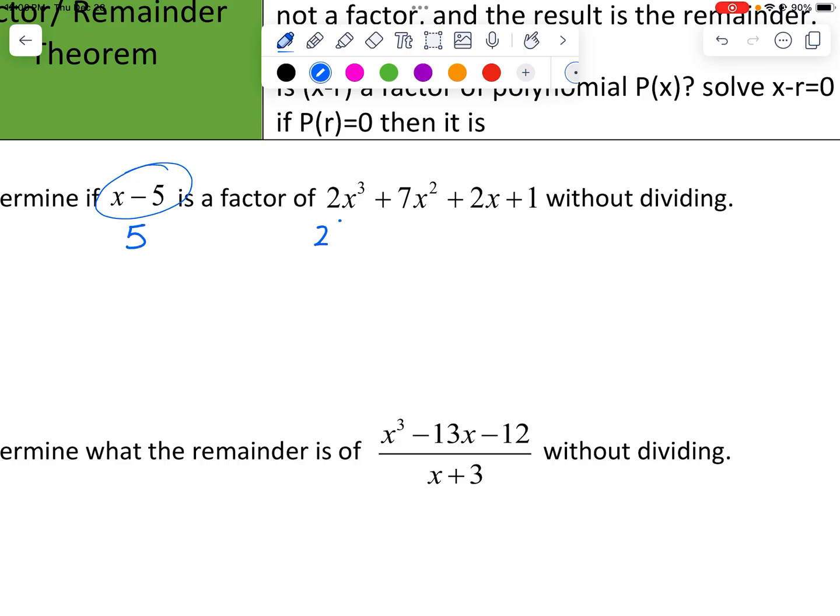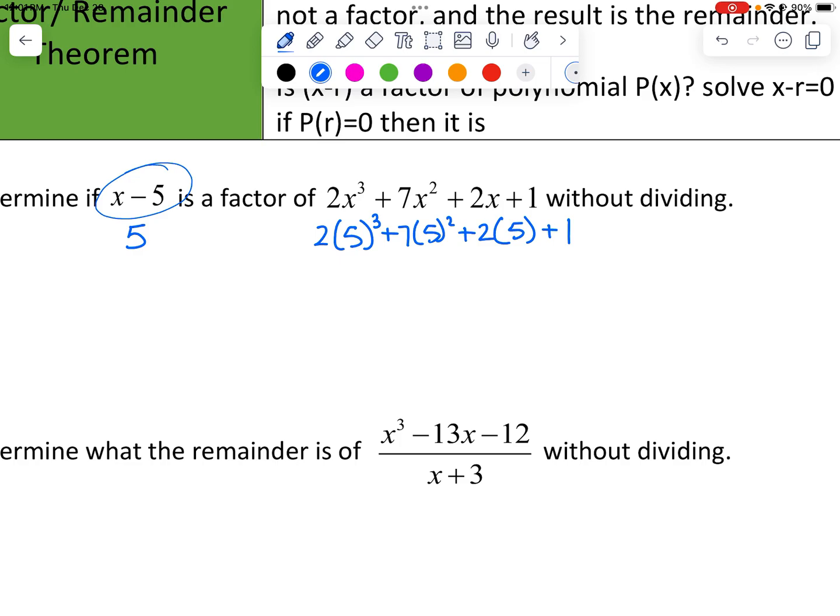So we're going to go 2 times 5 cubed, plus 7 times 5 squared, plus 2 times 5, plus 1. And we're going to put that in our calculator.